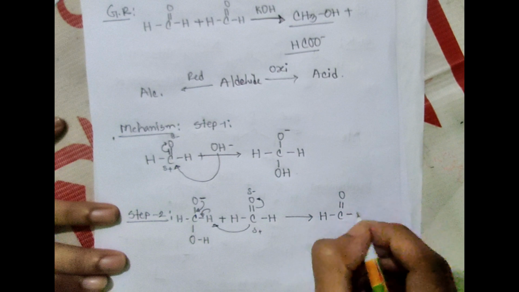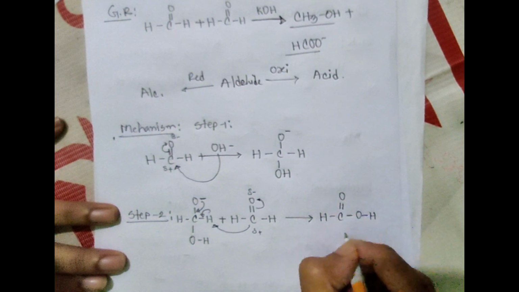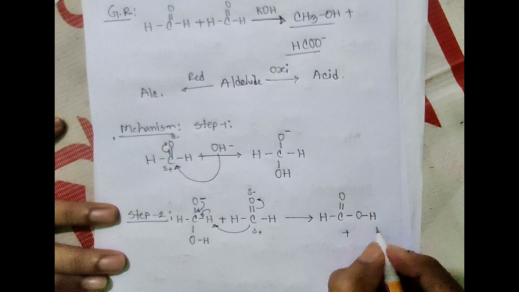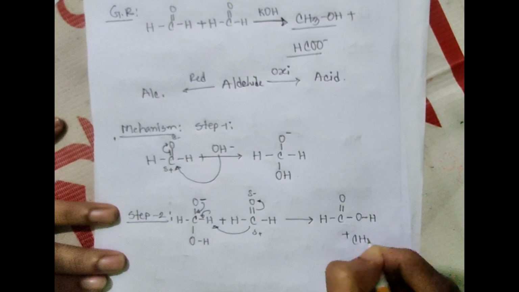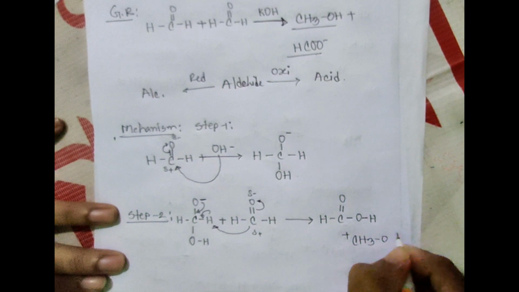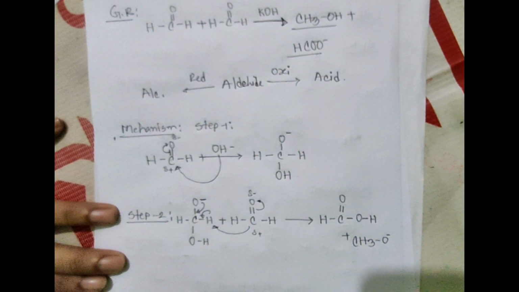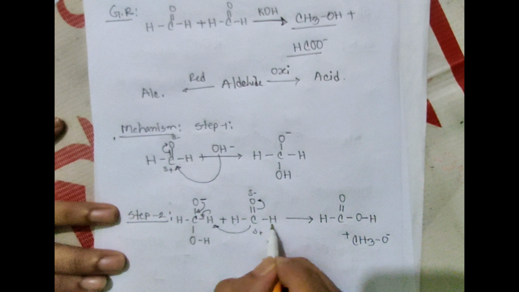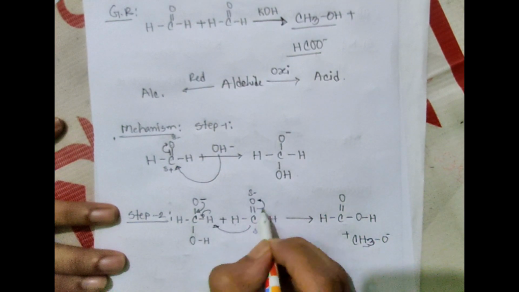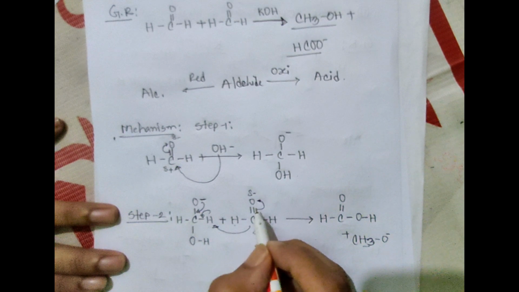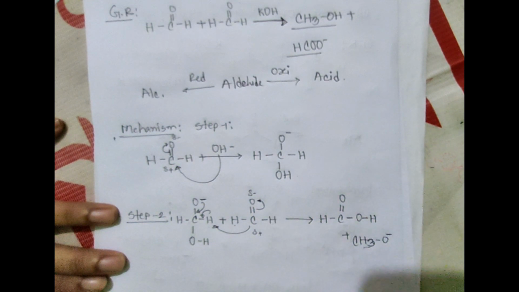Then the OH itself, let's see these two hydrogens and this other hydrogen. So there is CH3 with three hydrogens on this carbon, and this oxygen takes the pi electrons on itself. That's why there is a negative charge on this oxygen.